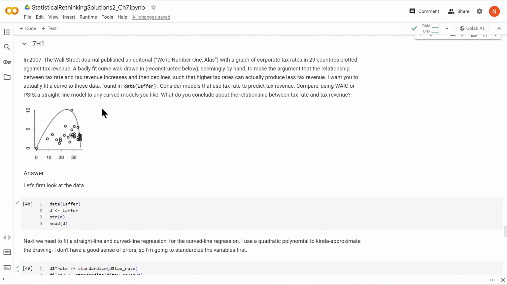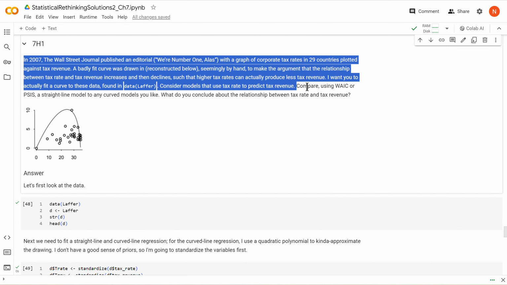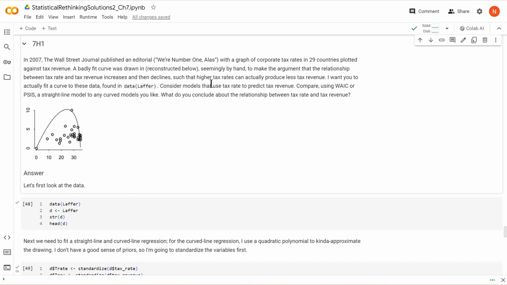let's get going. Okay. So here is the question 7H1, and I'll let you read that for yourselves, but the synopsis is this figure right here was drawn, probably hand-drawn, in an article in the Wall Street Journal at some point in 2007, I guess, where the x-axis is tax rate and the y-axis is tax revenue generated.